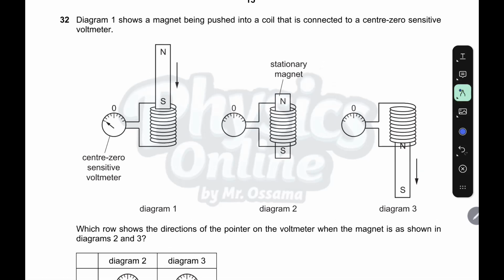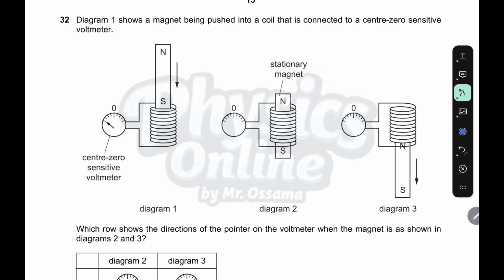Diagram 1 shows a magnet being pushed into a coil that is connected to a center-zero sensitive voltmeter. As you see here, as the magnet approaches the coil, the voltmeter deflects toward the left, which means the current is in this direction. Which row shows the direction of the pointer on the voltmeter when the magnet is as shown in diagrams 2 and 3?